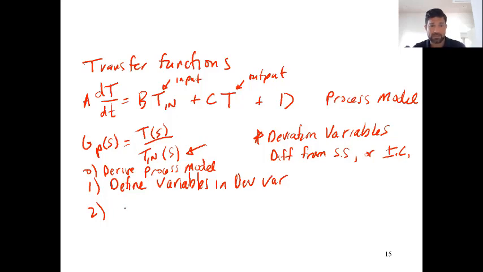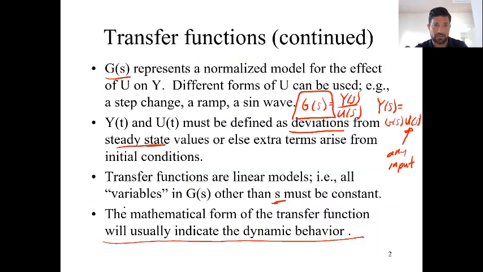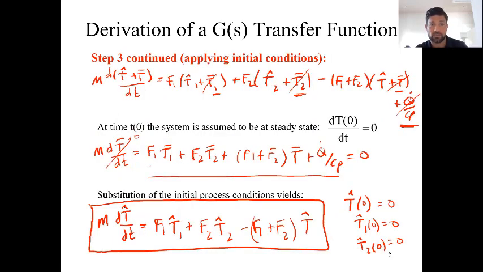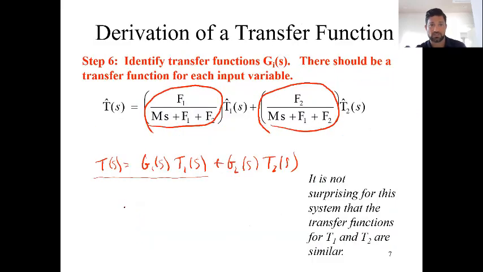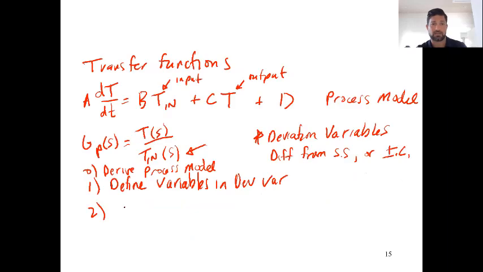The next thing we did is subtract out the steady state condition. The previous slides that we did are shown here. So going back to the beginning, we defined the process model, wrote deviation variables, subtracted the initial steady state condition, took the Laplace transform, and then came up with the transfer function. So that's what we're doing.